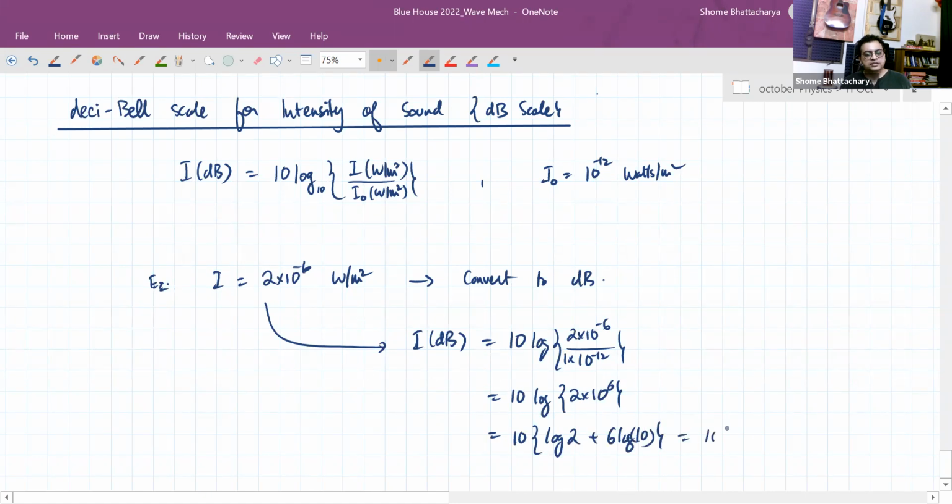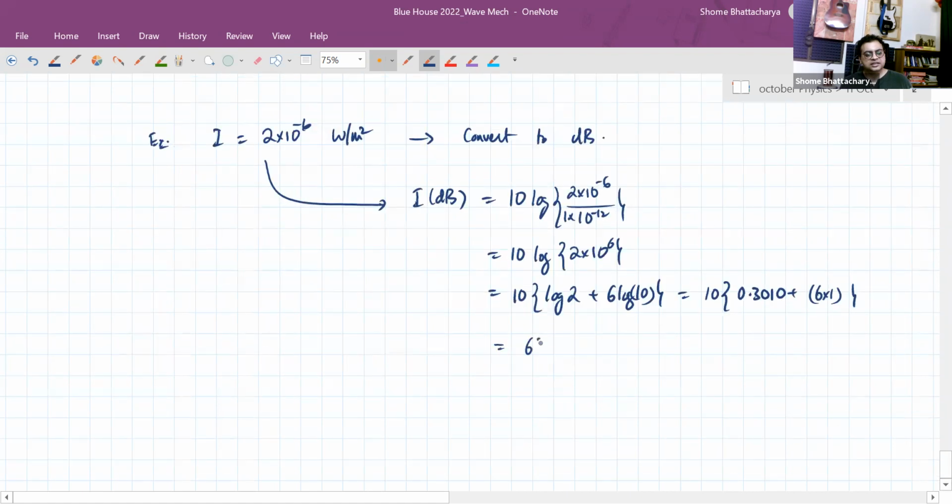That will become 10 into log 2, which is approximately 0.3, and log 10 is 1. You can see that this will become 63 decibels. So the intensity of that sound in decibels is 63 decibels.